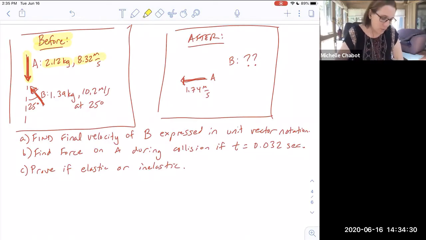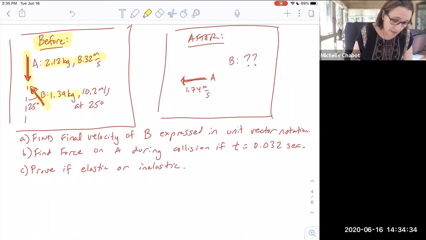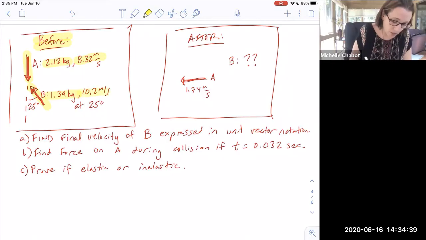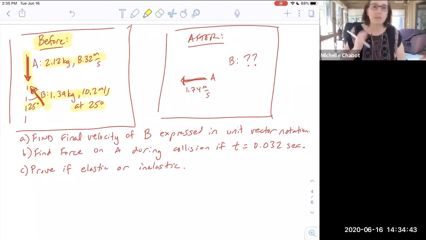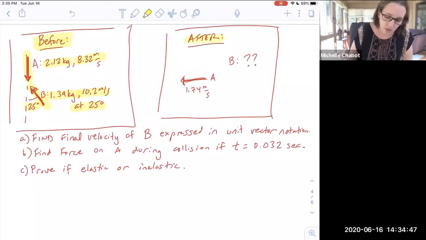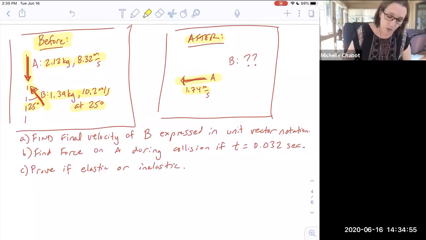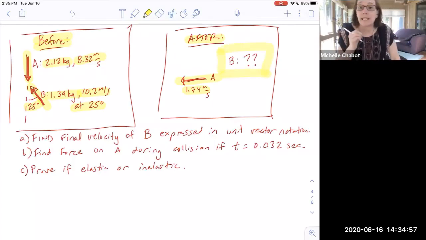It's going to collide with car B, which has a mass of 1.39 kilograms, but immediately before the collision, it's headed at 10.2 meters per second at an angle 25 degrees with the vertical as shown. And then after the collision, you're told that car A is moving directly to the left at 1.74 meters per second, and we don't know what B does.